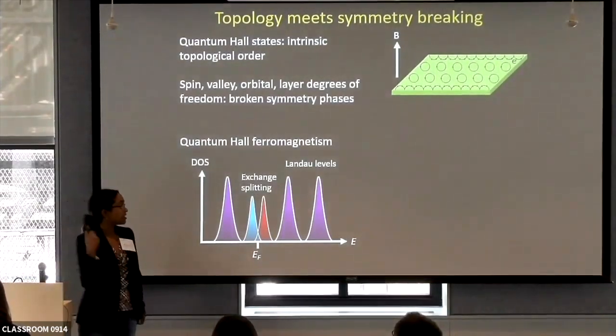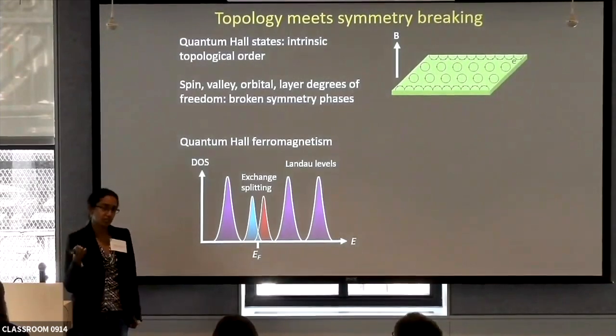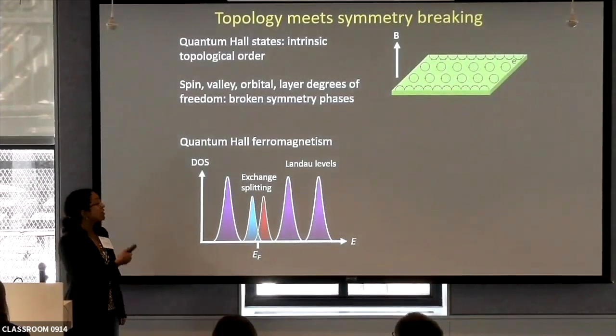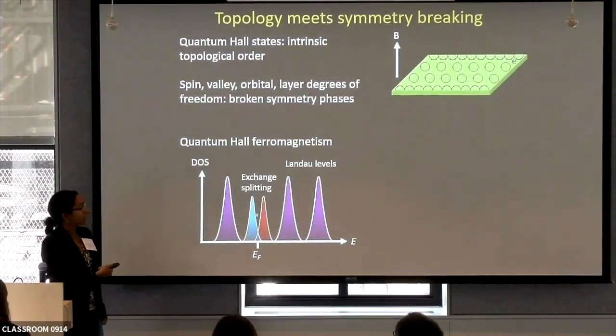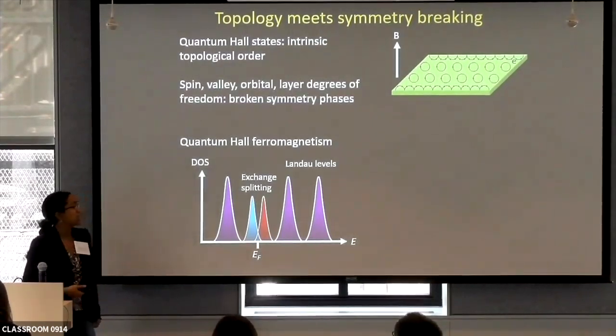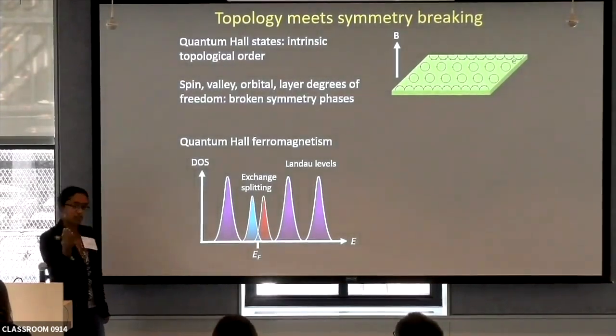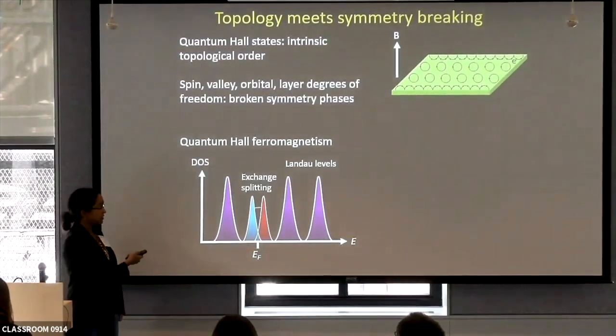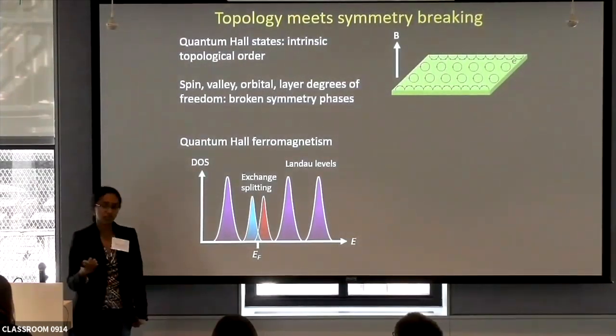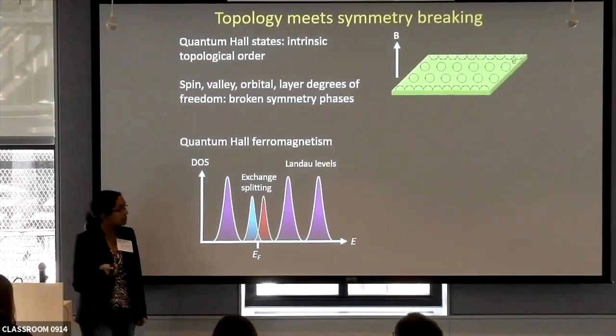Essentially, Coulomb interactions make it energetically favorable to lift one of these degrees of freedom, lift that degeneracy, and open up this gap, this exchange splitting, right around the Fermi level. And so this is purely an interaction-driven gap that occurs only when the Landau level is partially filled.